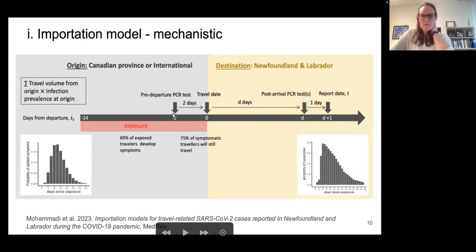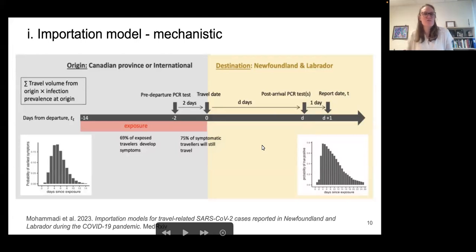So the test is done 2 days before travel. And then in order to be reported as a travel-related case, you would need to have some post-arrival testing. And sometimes there's a delay between the testing and the reporting. So here, this is showing an example of a post-arrival test completed D days after arrival and reported 1 day later.